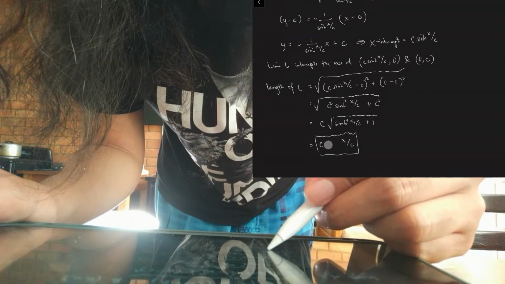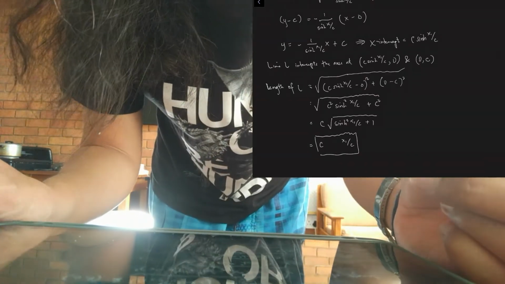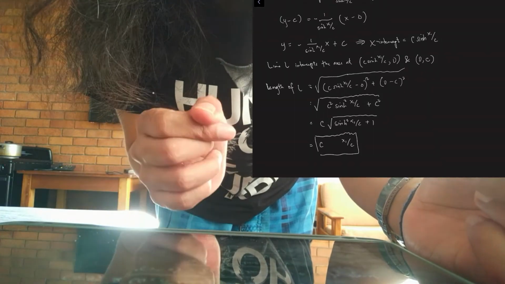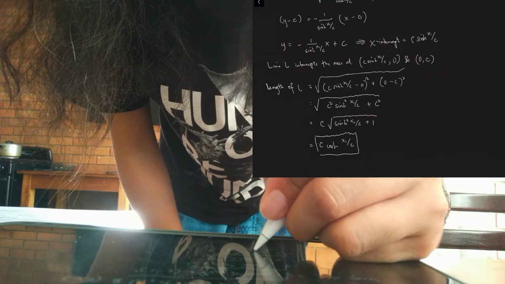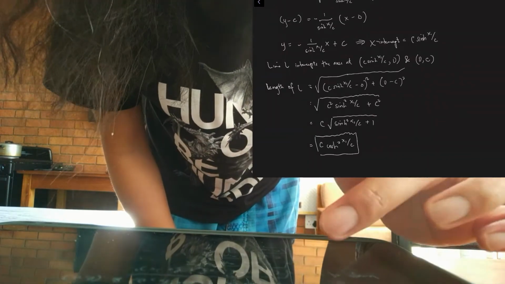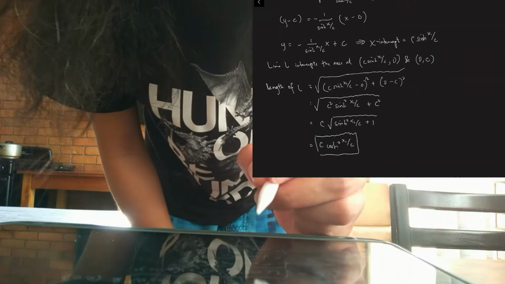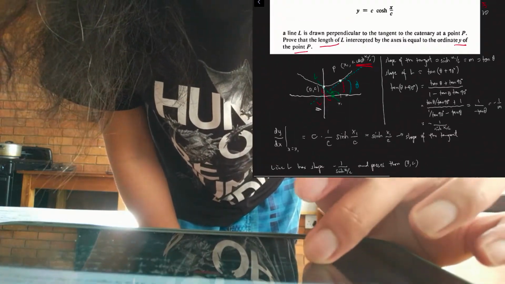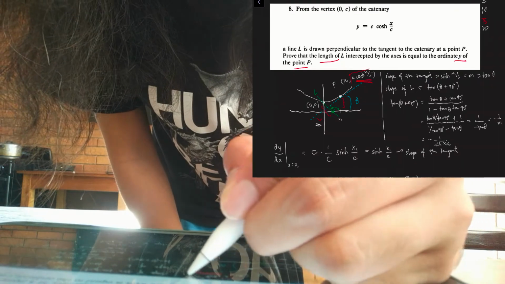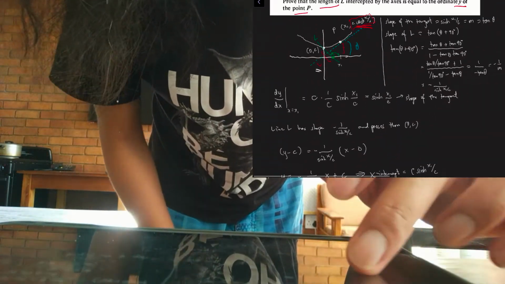I said this is cosh, because sinh squared plus 1 is equal to cosh squared. You take the square root, this should be cosh. I just messed up by writing it, but in my mind it should be cosh. So the length of the line, c cosh x1 over c, is exactly equal to what we set the ordinate of point P to be. And so we're done. We were able to show it.